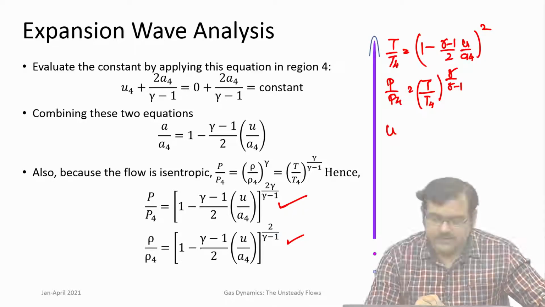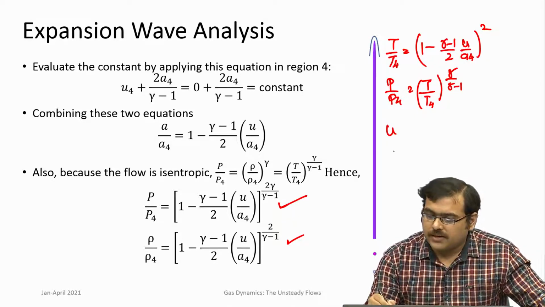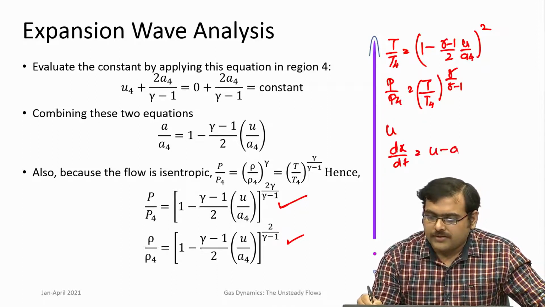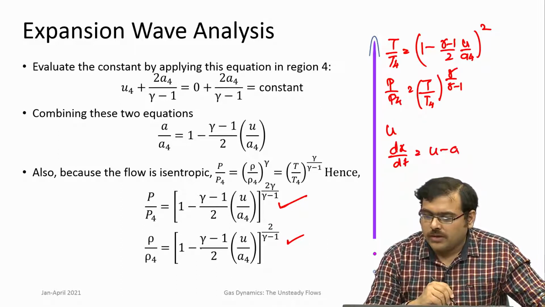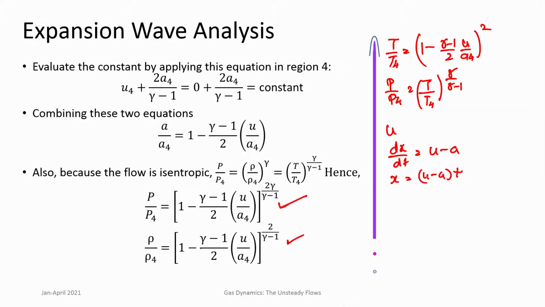For that you go to the C minus characteristics. C minus characteristics are dx by dt is U minus A. So you get x equal to U minus A multiplied by t.